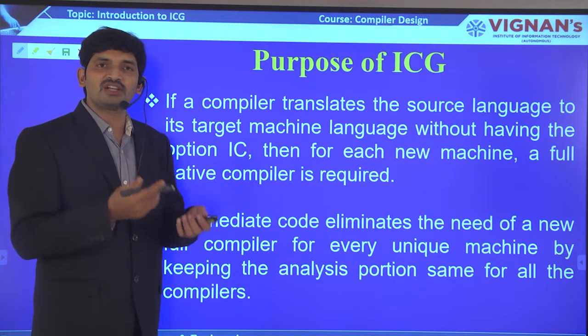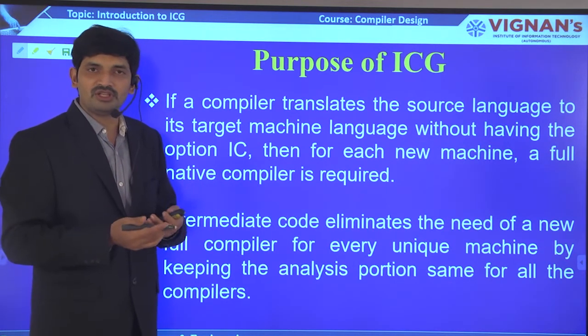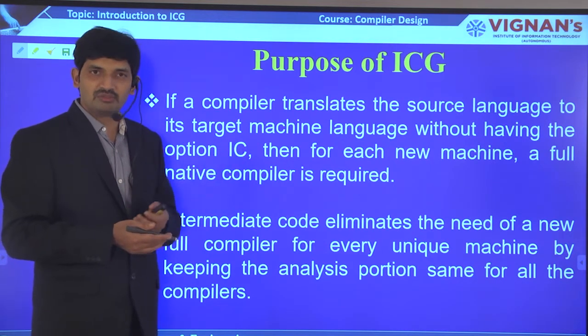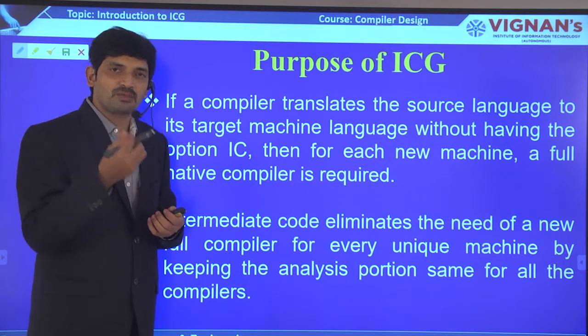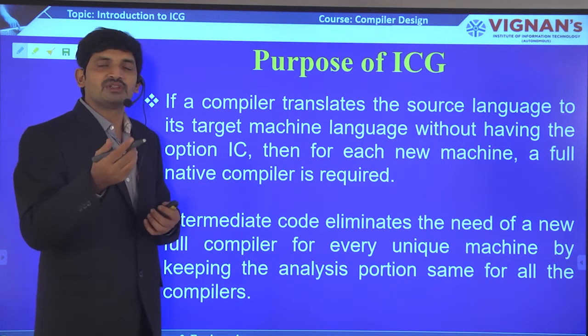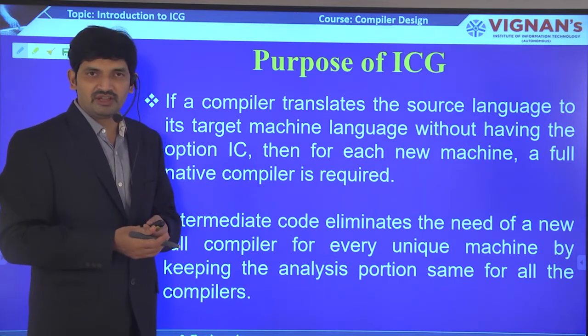Okay, you may have a doubt, what is the purpose of ICG? Can we convert the direct source code into machine code? Simply no. Why? Because every code has its own terminology and the platform is most important. That means on which platform the source code is going to be evaluated.